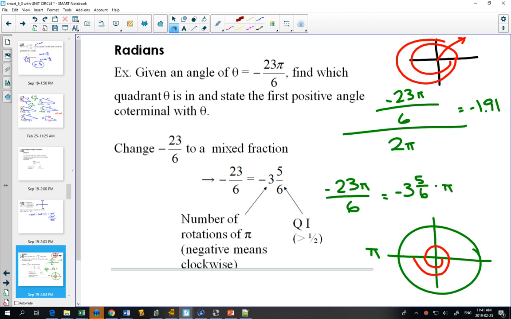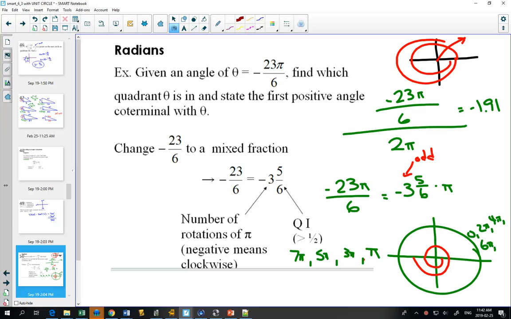So whenever you have an odd number, you're going to end on the negative x-axis. Whenever you have an even number, you're going to end on the positive x-axis.